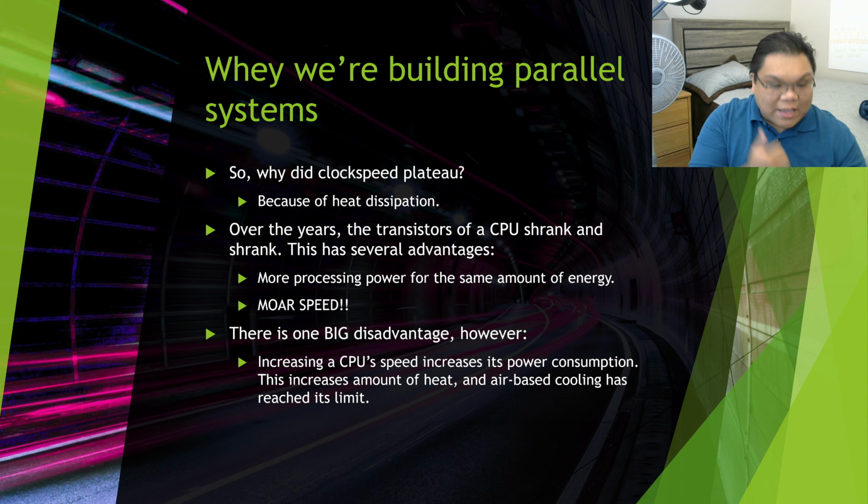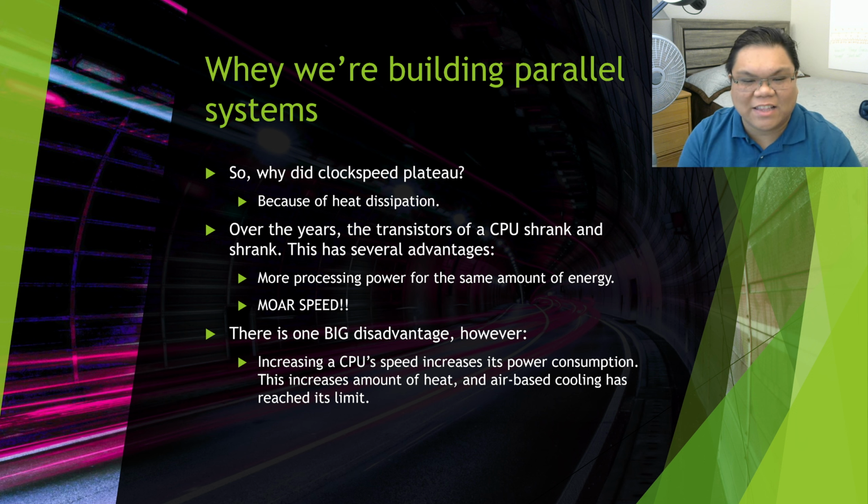But the thing is, a CPU also outputs waste heat. So if you have more transistors in the same area, you have more transistors putting out more heat. And our air-based cooling systems for our computers have long since reached their limit too.